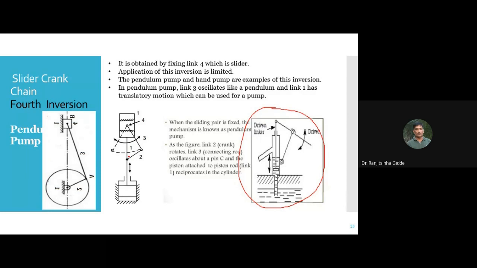And what is the application of this fourth inversion of the slider crank chain? That is nothing but the hand pump. The same principle is used to pump water from the ground in rural regions with the help of the hand pump. Okay, so this is about the fourth inversion.